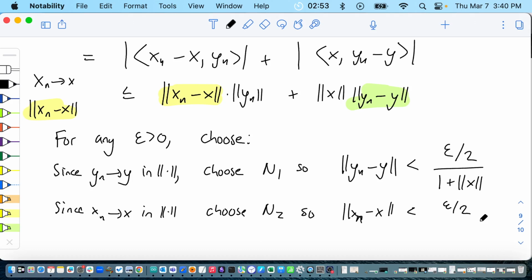Naively, I would have chosen epsilon over 2 divided by 1 plus the number of yn, but I think that's wrong. Okay, this is great, let's write this.